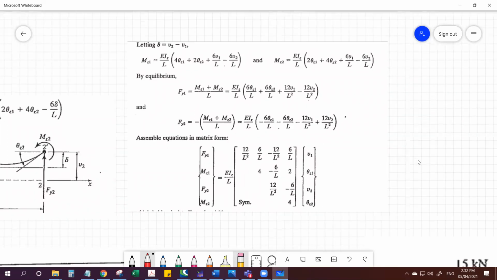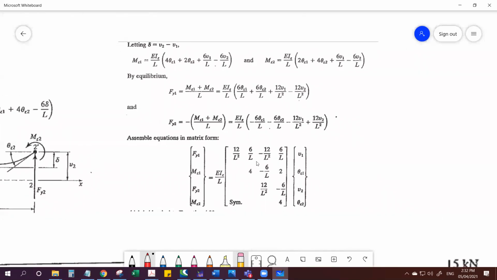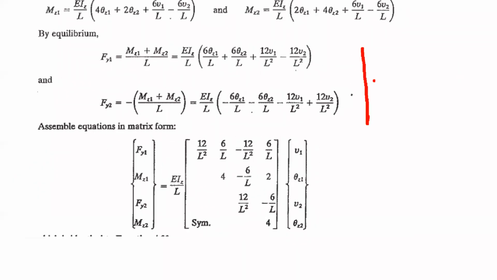You can also derive this using area moment. Remember, for area moment, this end is fixed. Assume a unit deflection of 1 unit. How many unknowns is this? Three, because our equilibrium equations are 3 and the indeterminacy is 3, so you can solve this.